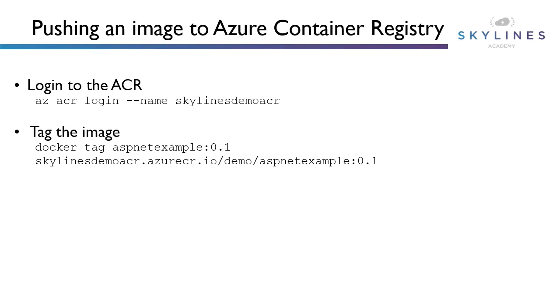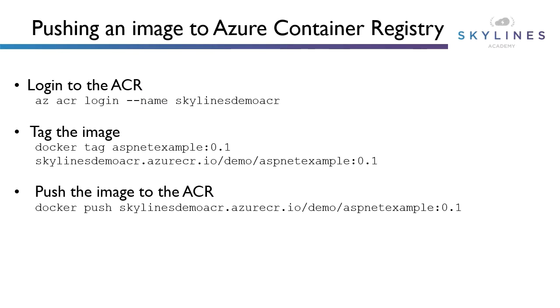If we remember, this is where we basically associate a target for an existing image. While it looks like this command is split over two lines, that's just the way it had to happen in order to make the text fit on the slide. We're running docker tag, specifying our source image, which is aspnet-example:0.1, and then specifying the target, which in this case is SkylinesDemoACR.azurecr.io in the demo repository with the image aspnet-example version 0.1.